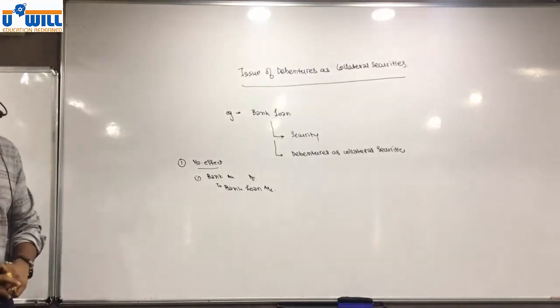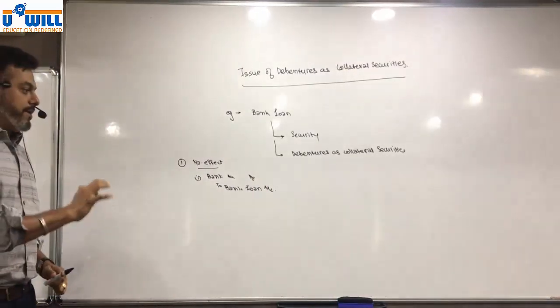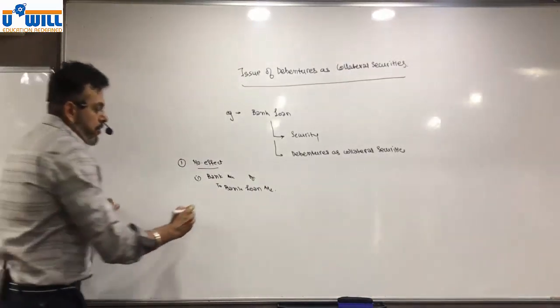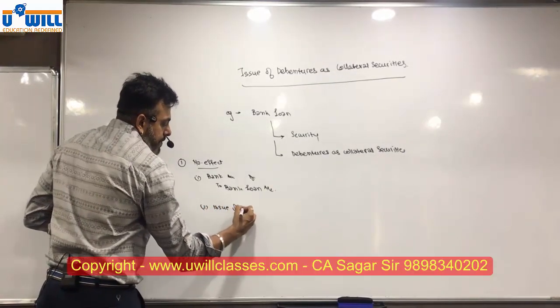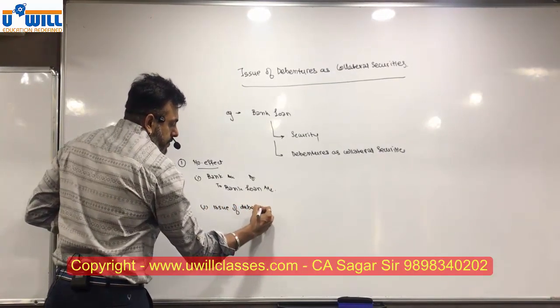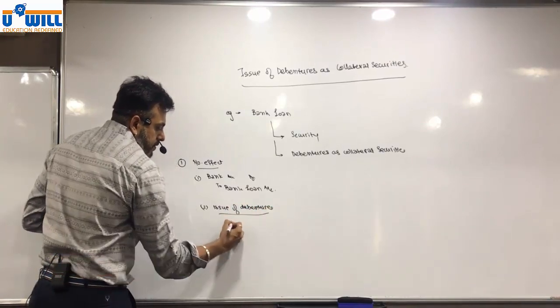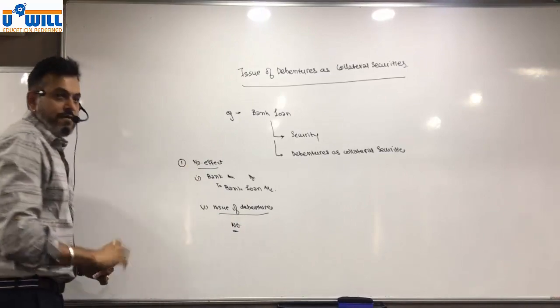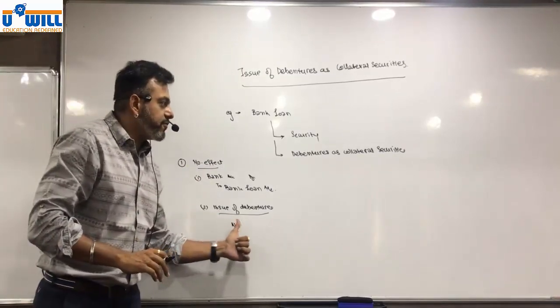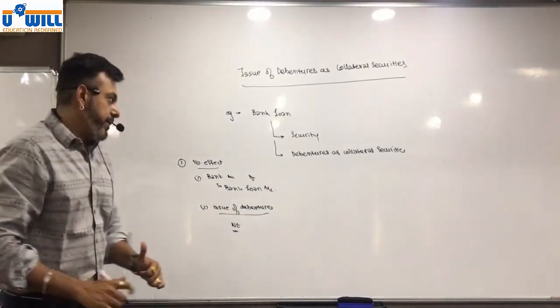Understood this? No entry for issue of debentures. No entry. This is option 1, where we give no effect for debentures issued as collateral security.